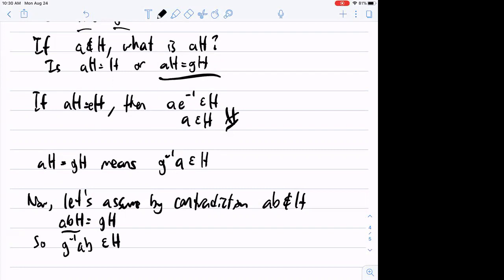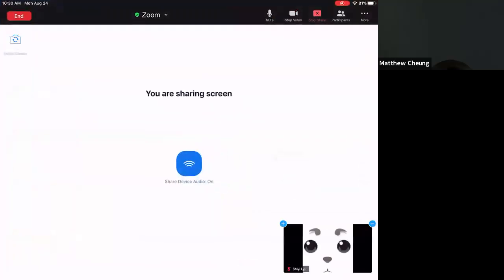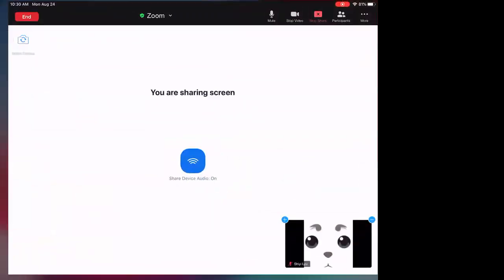I have this element is in H, this element is in H. What does that force B to be? Can any of you see it?